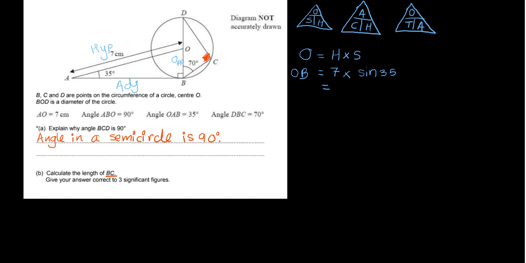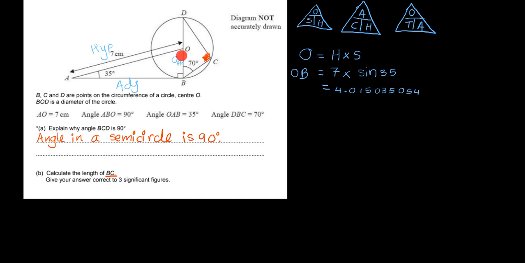I'm going to try and save this value somewhere in my calculator, because it's very important that I use the exact value when I'm doing the calculation. So it's 4.015035054 on my calculator. So that's given me the length of OB.